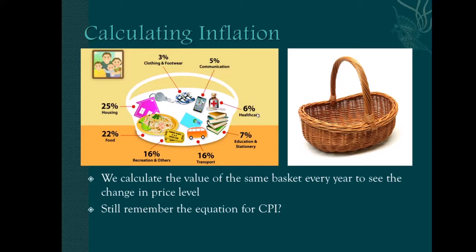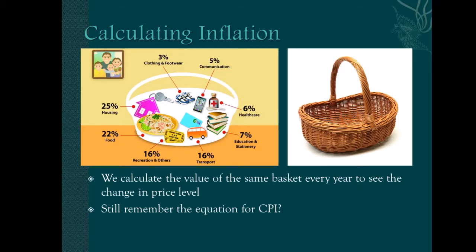We put all of them inside a basket, and we see the value from all of them. You can see that for different items, we have a weight. And do you know what the percentage here is presenting? The percentage, like 22% for food.